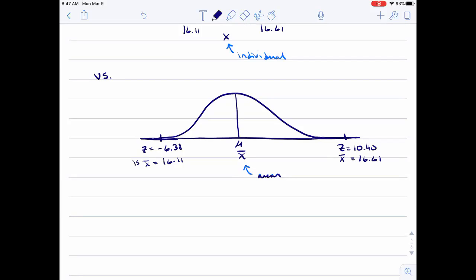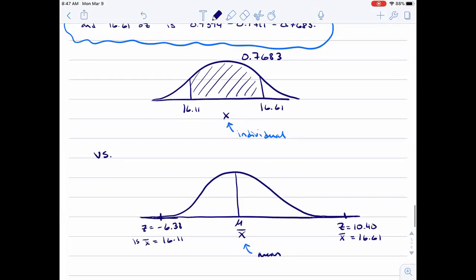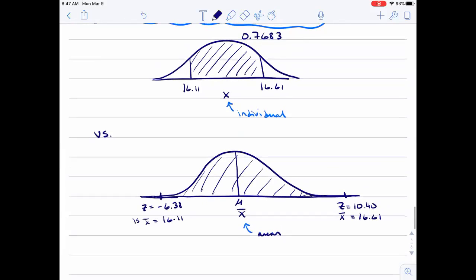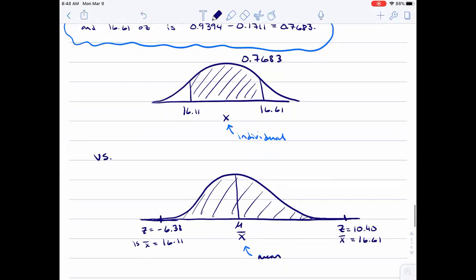All these things are closer together. These cutoff points are at the same values. But now, when I'm talking about means, once we're out in the tails far enough like that, we can just say that this area is approximately 1.